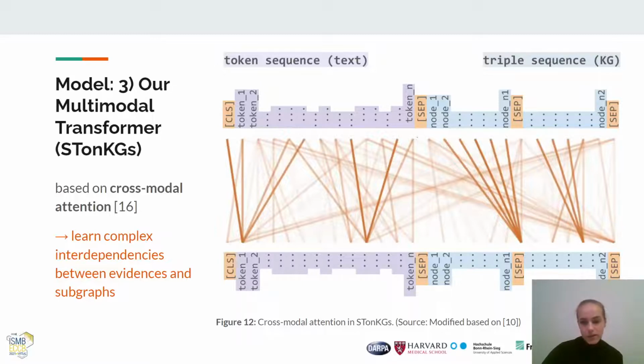And vice versa, for building the contextualized representation for a given node, one can use not only other node embedding vectors, but also textual token vectors. That means there is the opportunity to learn complex interdependencies between both modalities.